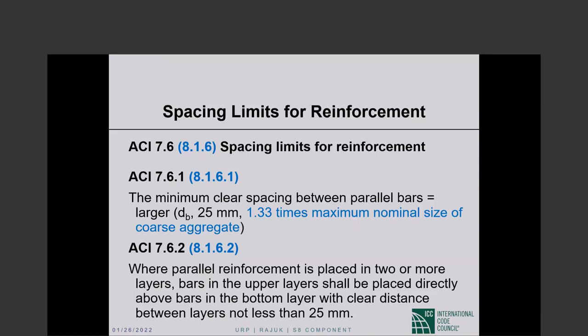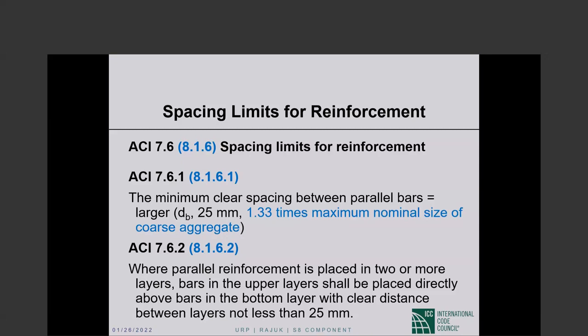What is the spacing between the first and the second and the second and the third? Minimum clear spacing between parallel bars is the larger of the bar diameter and 1 inch. That's what ACI says. Somewhere else in ACI, but BNBC brings it here, and that's how you should read it.